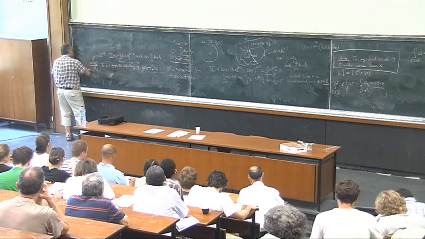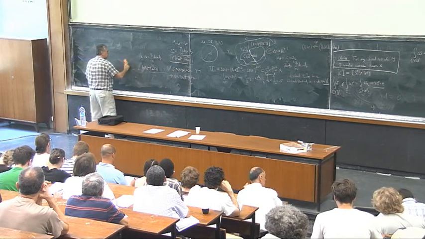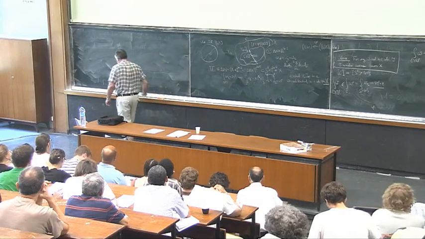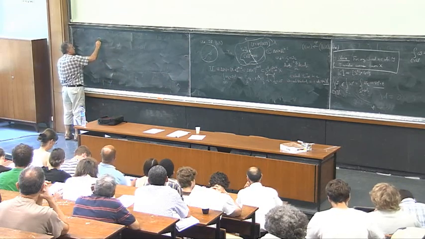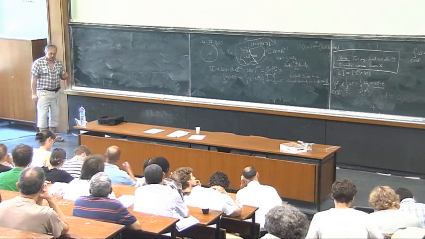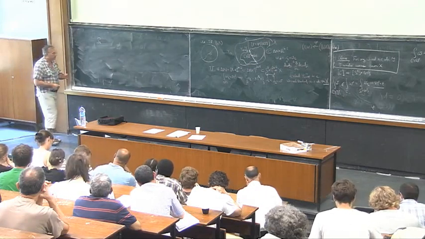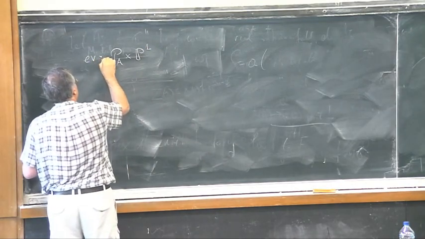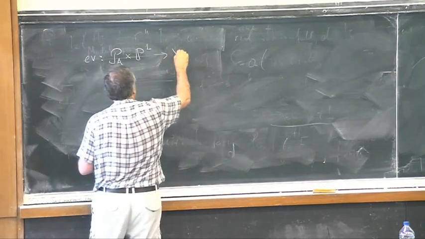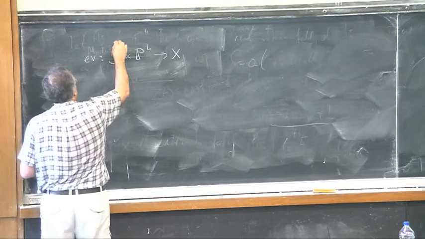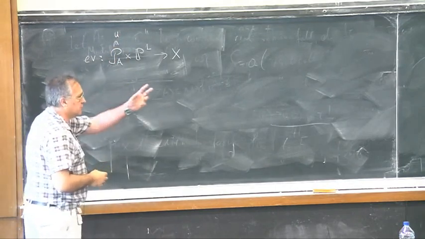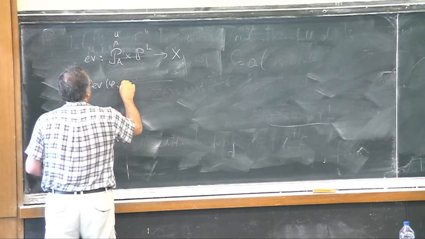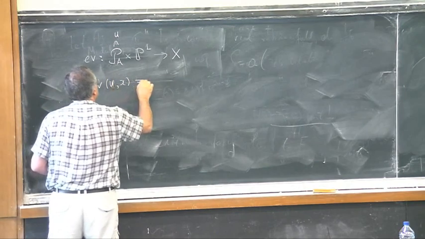If I have a moduli space of parameterized curves before factoring, then I can multiply this by P1, and I have the following evaluation map from this space to my manifold X. U is a map from the sphere to my manifold, so I can take the evaluation of (u, x) to be u of x.